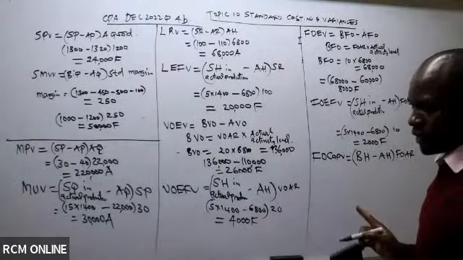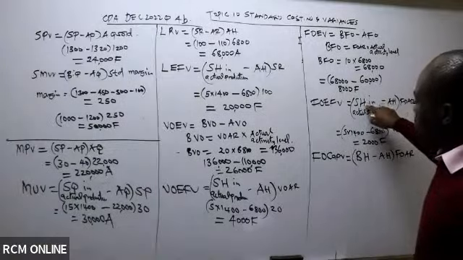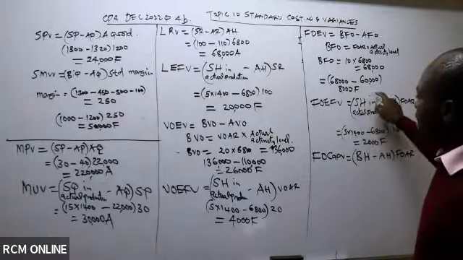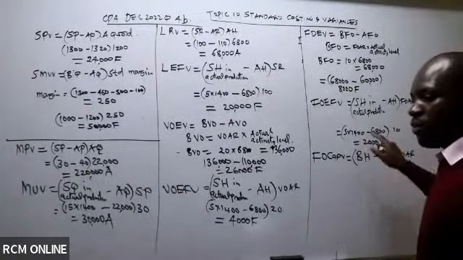Very simple. The only difference is that under the efficiency variance, we are talking about standard hours in actual production. Here it is standard hours in standard or budgeted production.